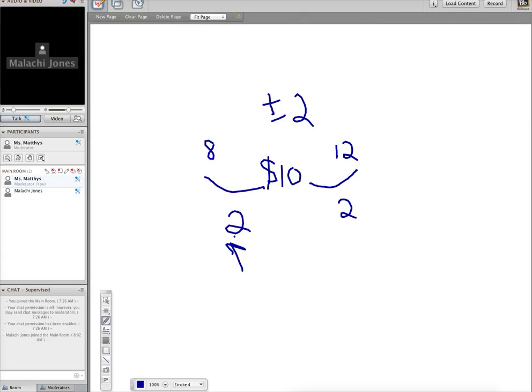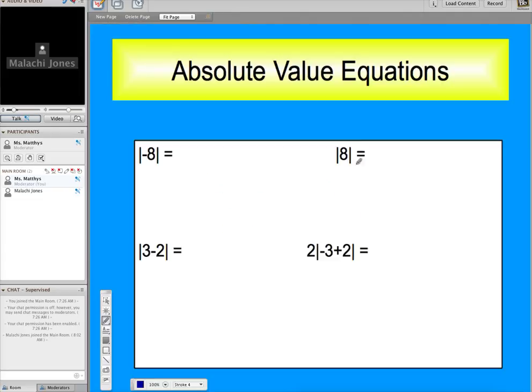All right, let's calculate some absolute values. Can you use your pen now, or would you rather I write them down? I think I can use it. Okay, let's see if you can do the -8. What is the absolute value of -8? Yep, very good. How about the absolute value of 8? Awesome.